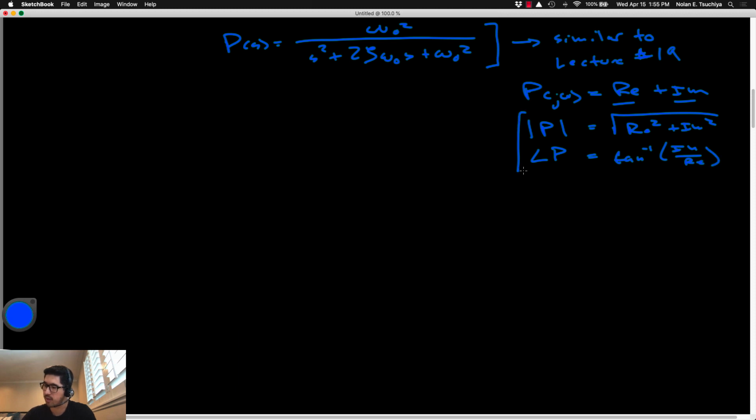So this is how we actually got the analytical magnitude and phase functions. From there, we could just plot magnitude and phase for various frequencies to actually produce the Bode plots. Okay, so that's what we did in lecture 19. We could do something practically identical for second order systems, and what you would end up with is a typical second order Bode plot that looks like this.